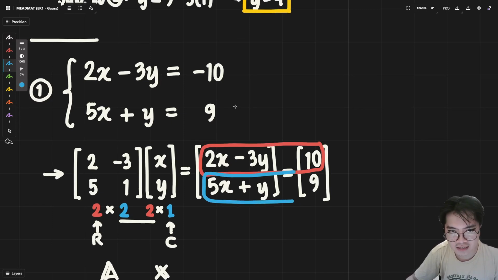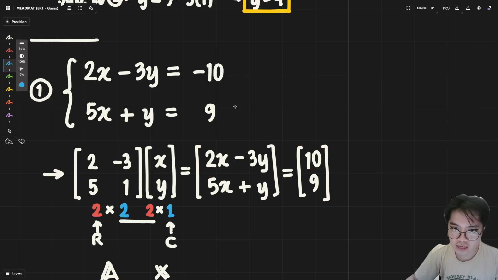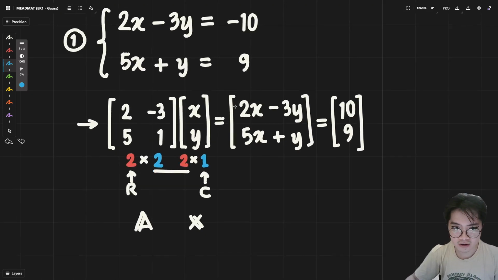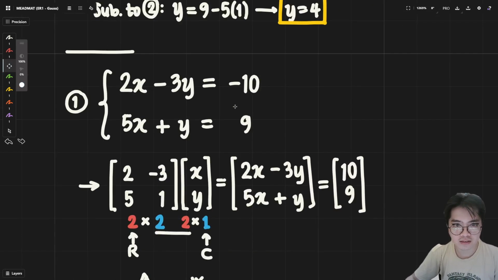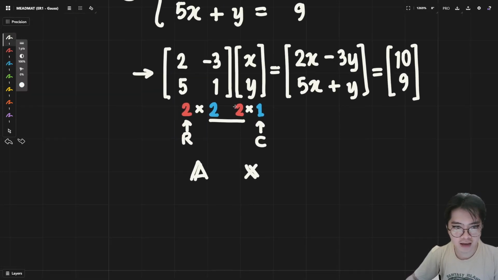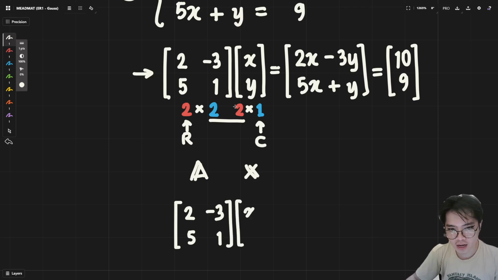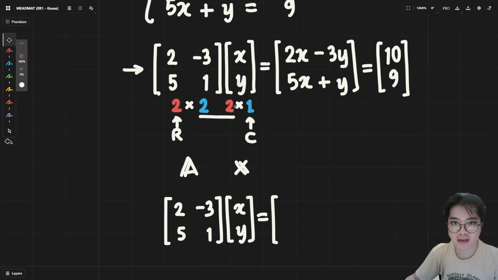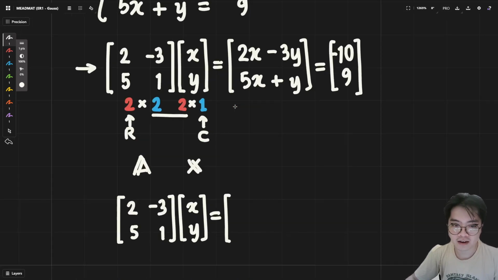For the second case, they are also equal because of this thing right here. So in other words, this can be written as the matrix [2, -3; 5, 1] times [x; y] is equal to [10; -10; 9].